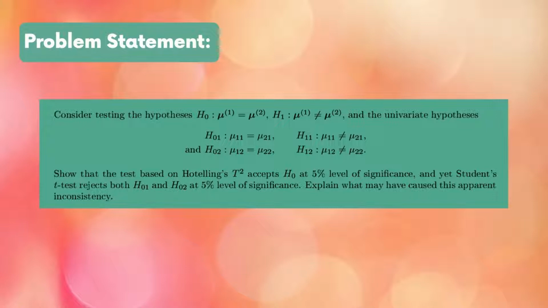Show that the test based on Hotelling's T-squared accepts H0 at 5% level of significance, and yet the student's t-test rejects both H01 and H02 at 5% level of significance. Explain what may have caused this apparent inconsistency.